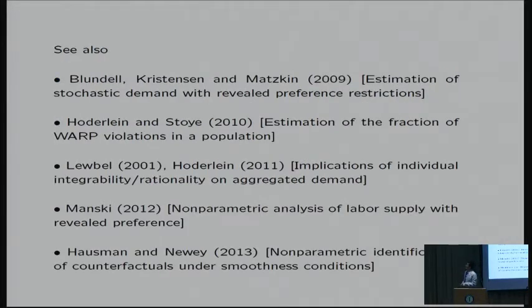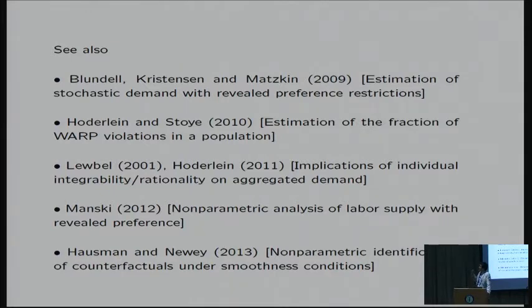But anyway, there are many other recent papers on this subject. For example, Blundell, Kristensen, and Matzkin really do estimation of a stochastic demand, so it includes really general unobserved heterogeneity, as well as a few papers by my co-author and Hoderlein.